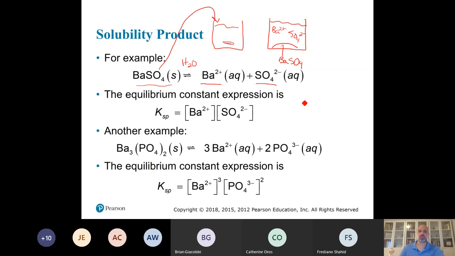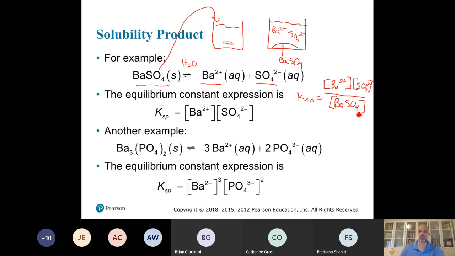If you were thinking of this equation in terms of Kc, you would have written that this is equal to the concentration of barium 2+ times the concentration of sulfate, all over the barium sulfate. So this is where we would have started in the very beginning.